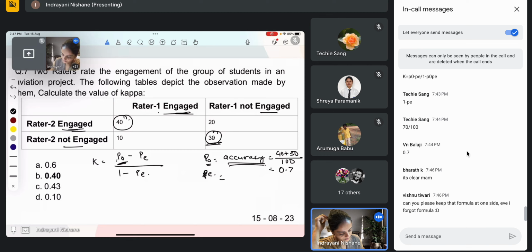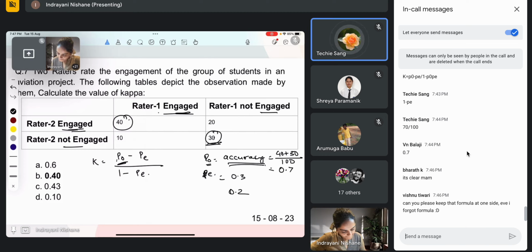So R2 says 60 divided by 0.60. So 40 divided by 60 is 1.5. No, so this is 0.3, and R2, is it 0.2?